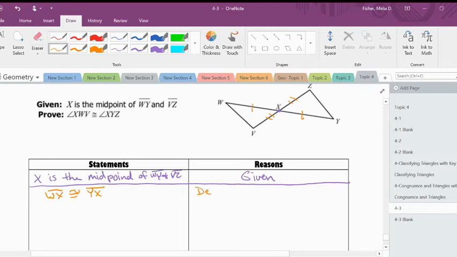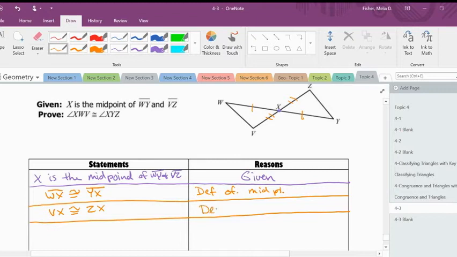And that is definition of midpoint. We're also going to be able to say that VX is congruent to ZX. And that is also a definition of a midpoint.